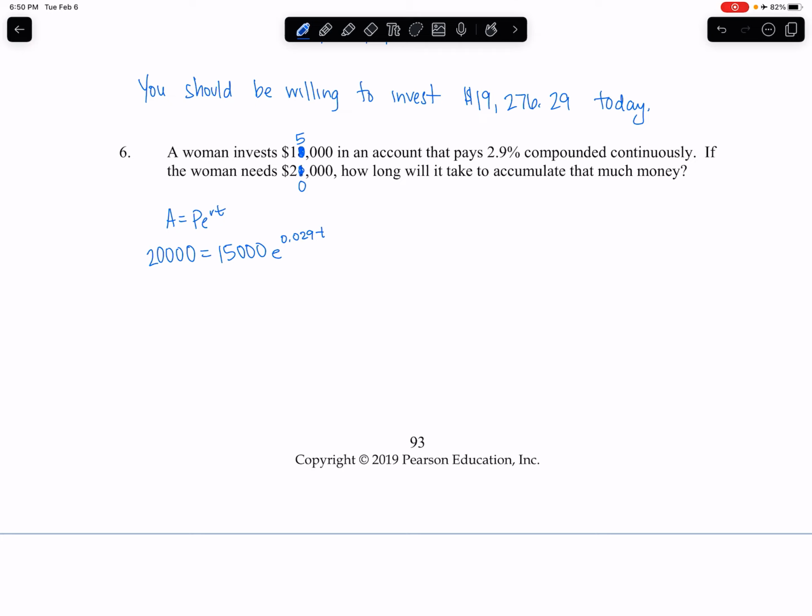So let's get t alone. Divide by 15,000. So we have 4/3 reduced equals e^(0.029t). We have a base of e, so we'll take the natural log of both sides.